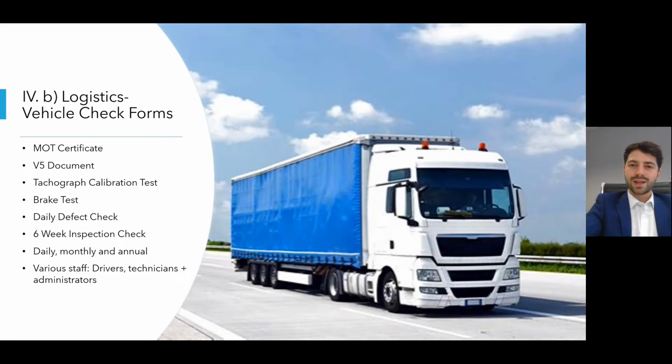So drivers, technicians, and administrators would have to coordinate around these expiry dates to make sure that tests were booked in, inspections were carried out, and so was any relevant maintenance which needed to be done.